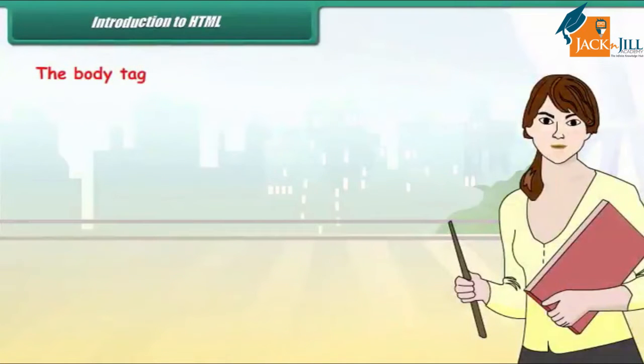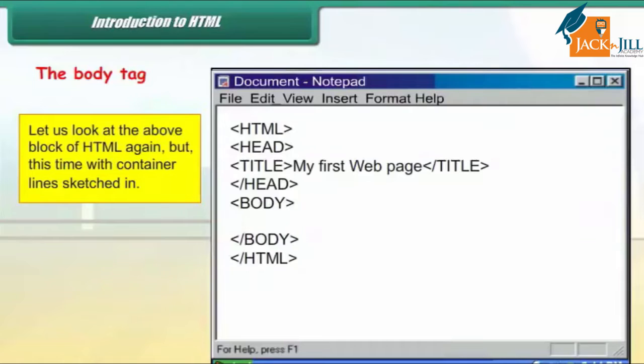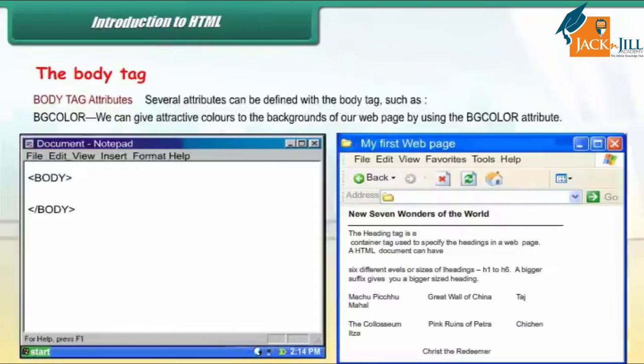Let us look at the above block of HTML again, but this time with container lines sketched in. Body tag attributes. Several attributes can be defined with the body tag, such as BGCOLOR.